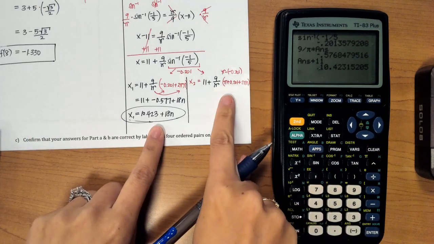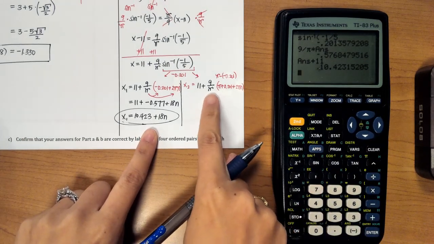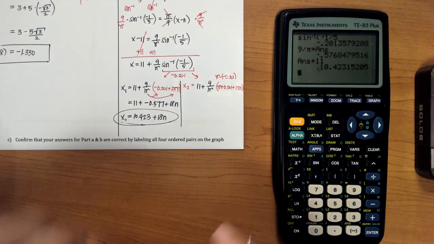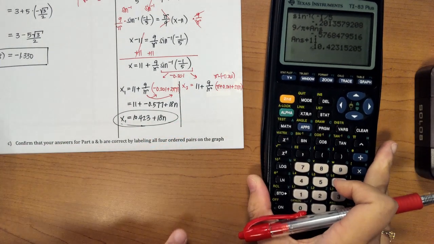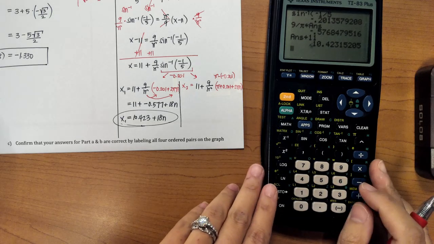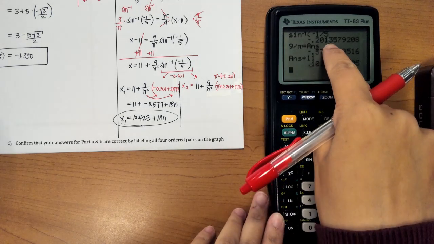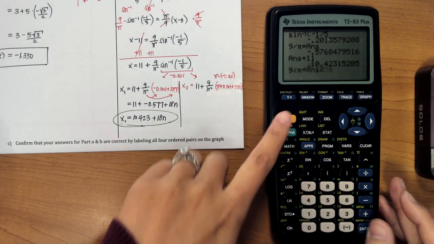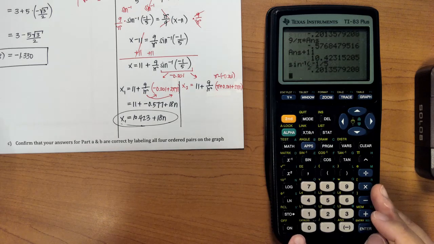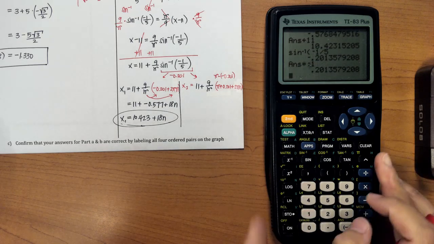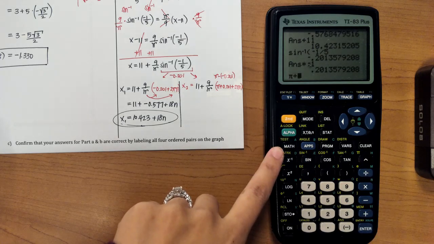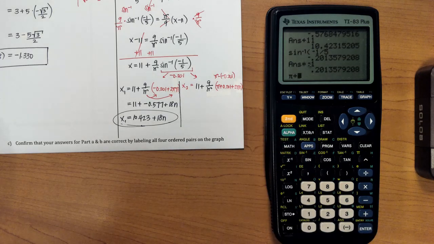Now I do need my 2 red points. Now this one I said we'd have to distribute a little more. I'm going to actually add pi plus 0.201. So let's get 0.201 back. That's from sine. That's negative times negative 1. Okay. So pi plus my answer.